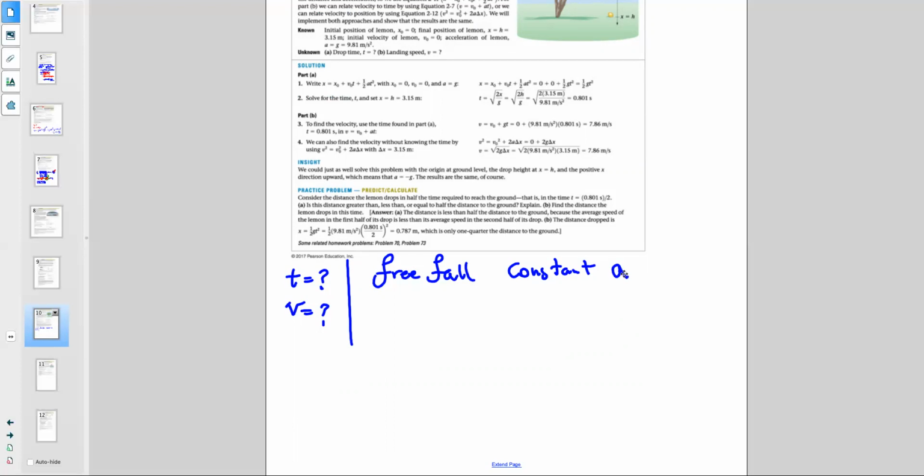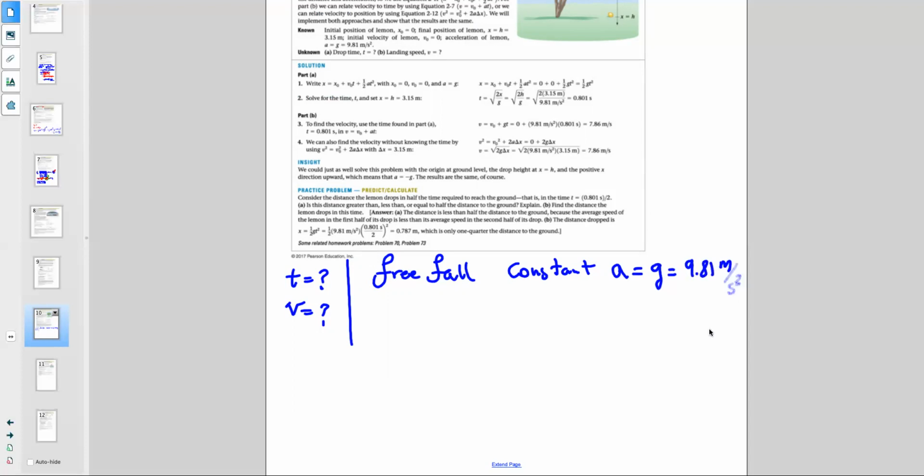The gravity of Earth, here in the United States, g, is 9.81 meters per second squared. Anywhere in the world it is the same, close to the Earth's surface. So with the constant a, which is g, which is 9.81 meters per second squared.